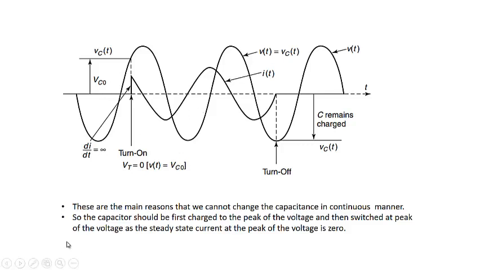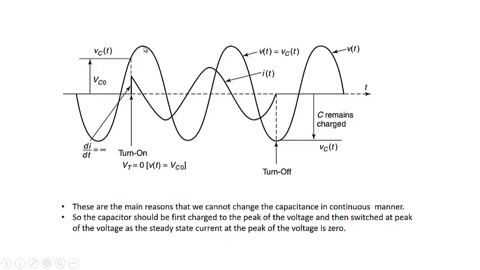So before that also we need to have some conditions fulfilled. That is, the capacitor should first be charged to the peak of the input voltage, and then switched at the peak of the voltage, as the steady state current at the peak of the voltage is 0.